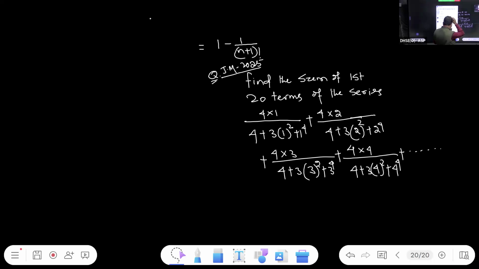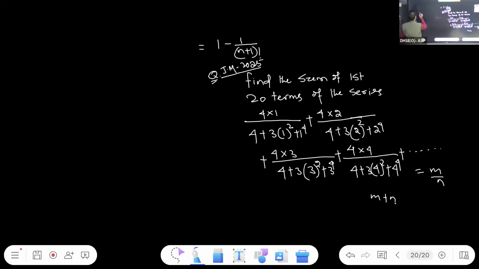Yes, I think you are correct. I have not written the full question. If the sum of the first 20 terms is equal to m upon n, where m and n are relatively prime, then we have to find the value of m plus n. So 210 by 211. Yes, your answer is correct.